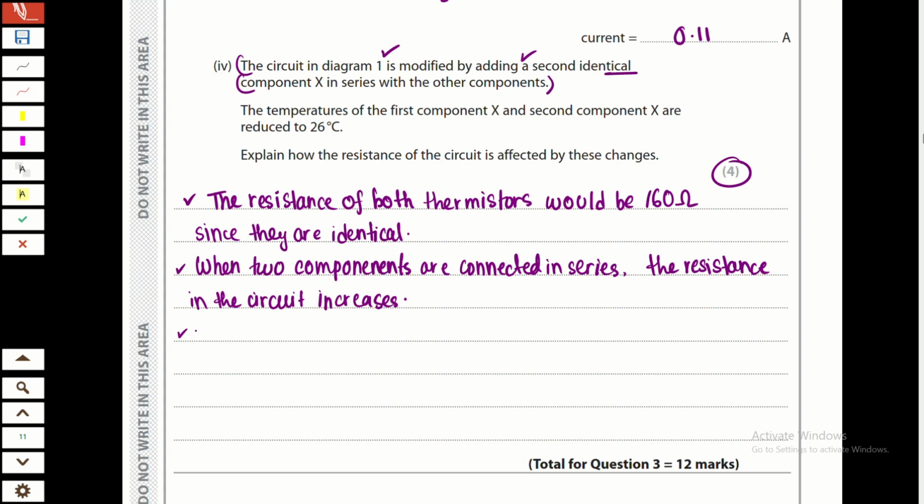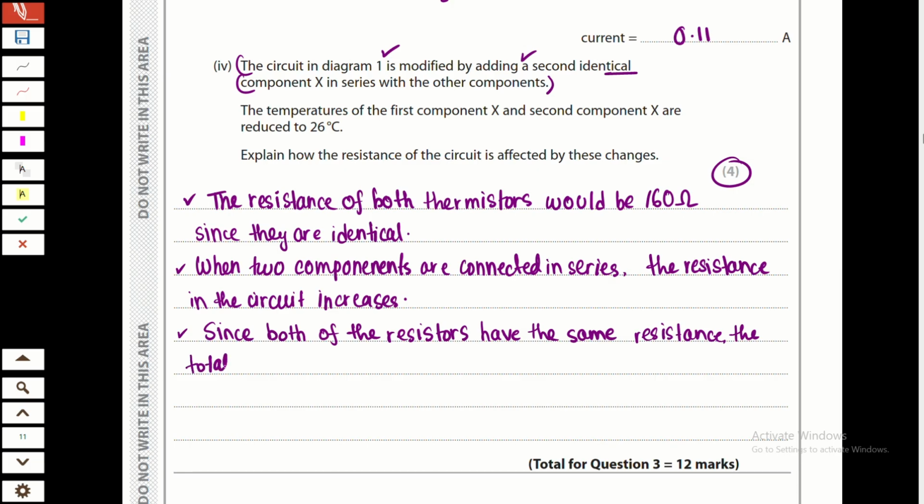All right. The third point would be, since both of the resistors have the same resistance, the total resistance of the circuit is doubled.